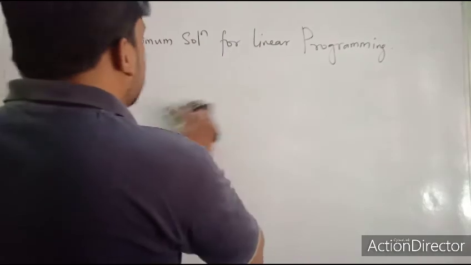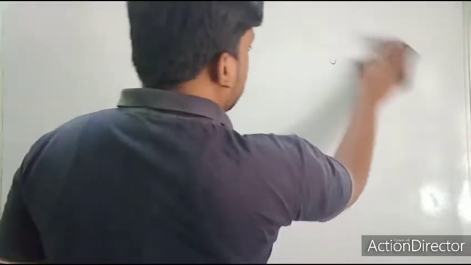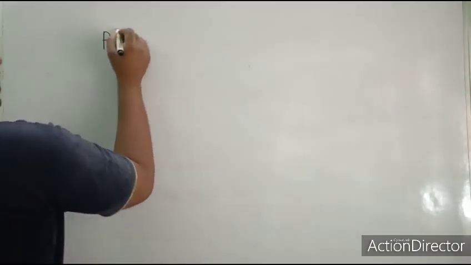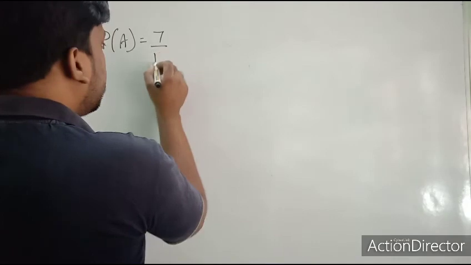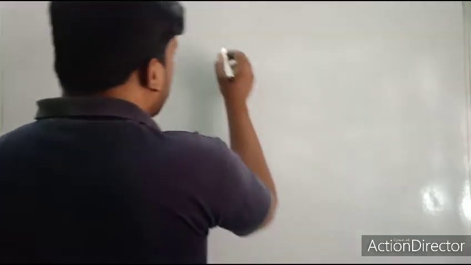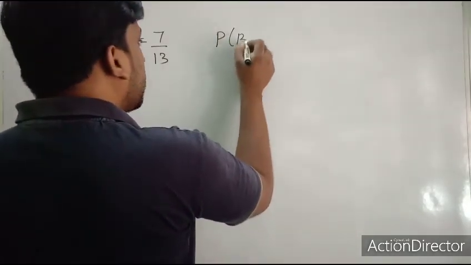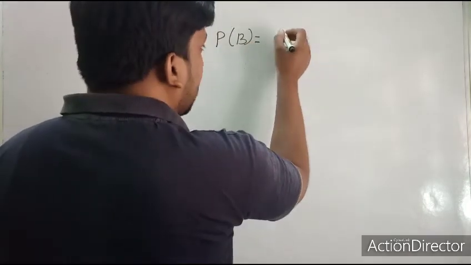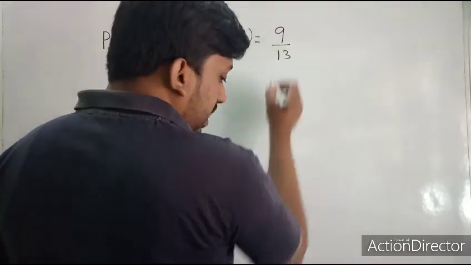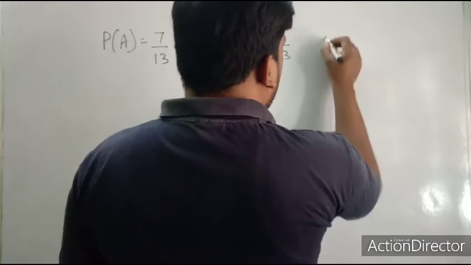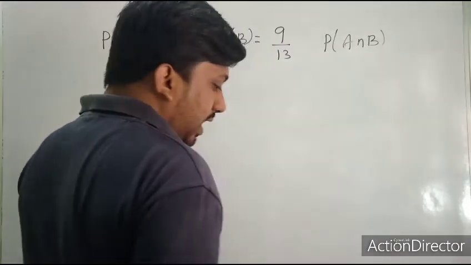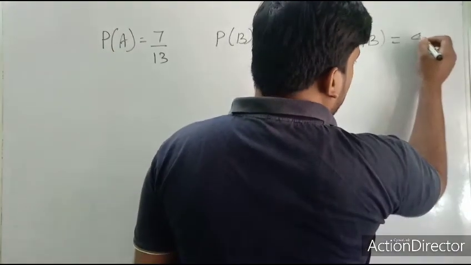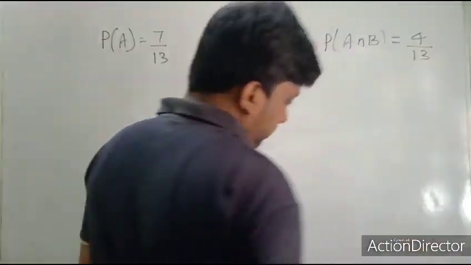Okay, so the next question we have is: if P of A, that is probability of A, is 7/13, and probability of B is 9/13, and probability of A intersection B is 4/13.